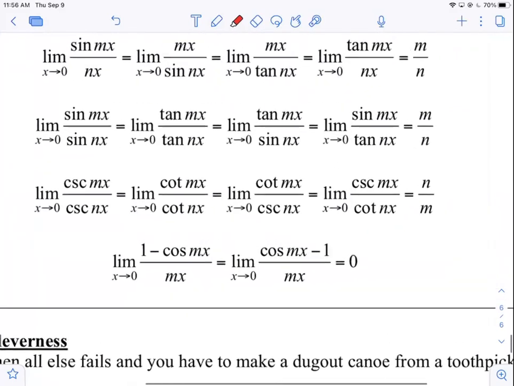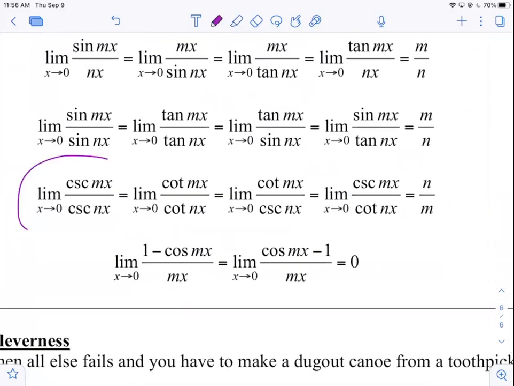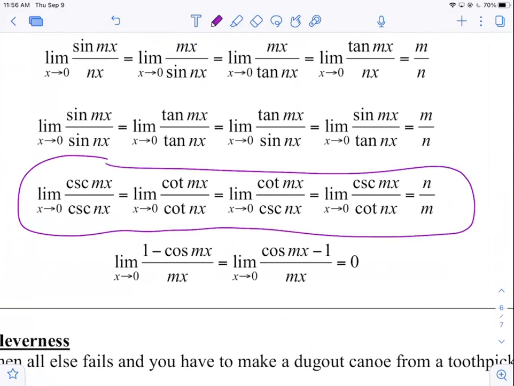Let's jump down here. Look at this. If you're ever taking the limit as x goes to 0 of a ratio of cosecant to cosecant, cotangent to cotangent, or any combination of the two, it is not m over n as you would normally do for tangents and sines.